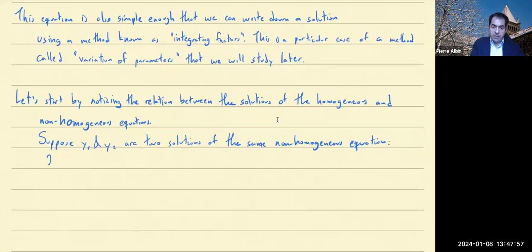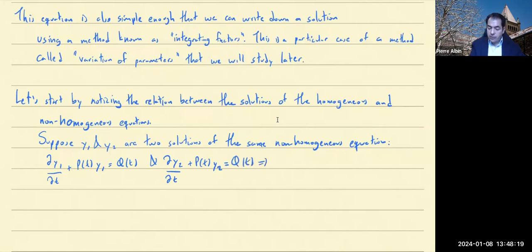Right, so that means that dy1 with respect to t plus p of t y1 is equal to q of t, and dy2 with respect to t plus p of t y2 is equal to q of t.